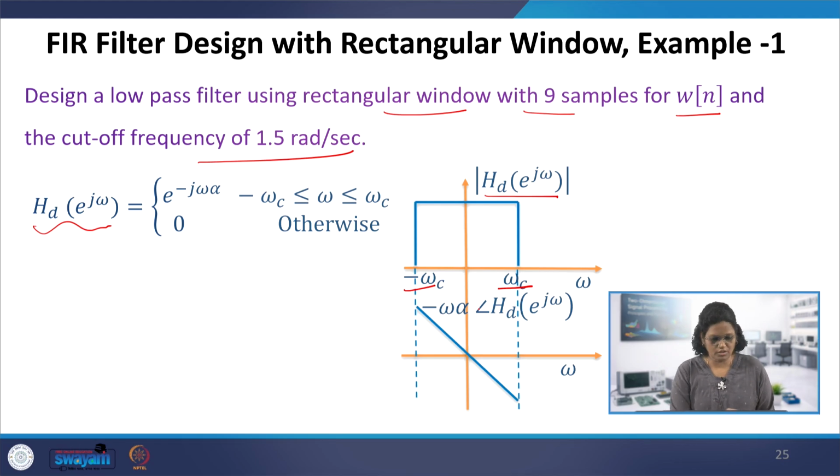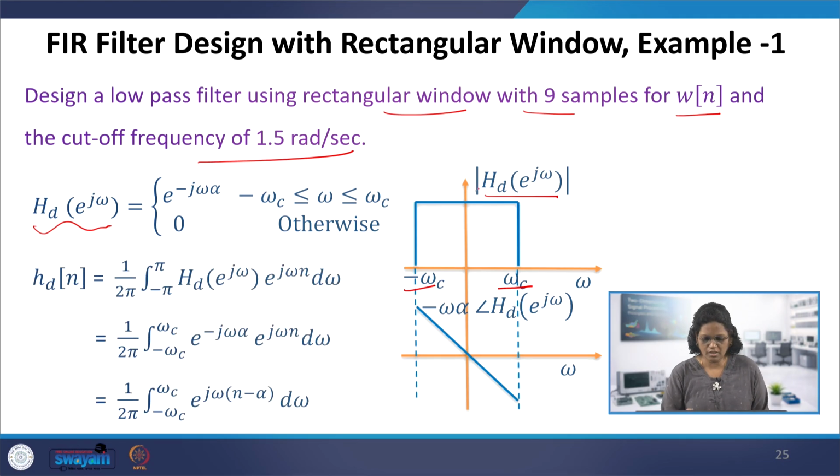This is the angle of Hd of e power j omega. So, this is the ideal response, magnitude and phase response. This is what is to be obtained using a rectangular window with 9 samples, and the cutoff frequency omega c should be 1.5 radians per second.